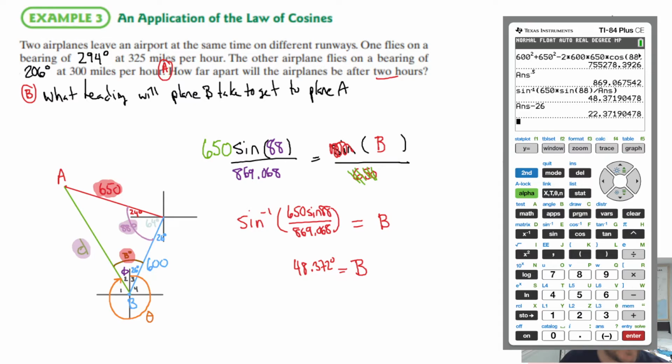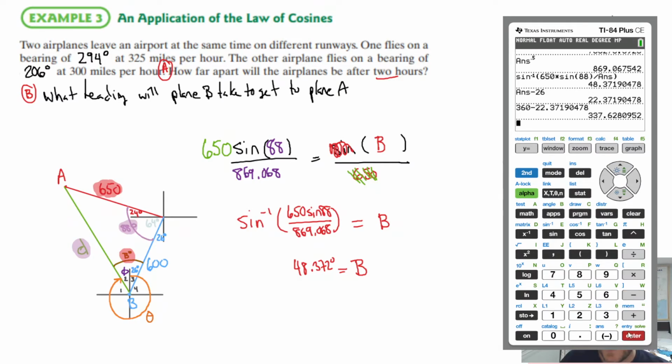And hopefully from there it's clear to everyone that the heading that we want is a full 360 minus that. So just do that. Oh, I keep clicking on the wrong thing. 360 minus our angle called phi, this guy. So that's the answer in my book. The heading that will take plane B to the location of plane A is 337.628.